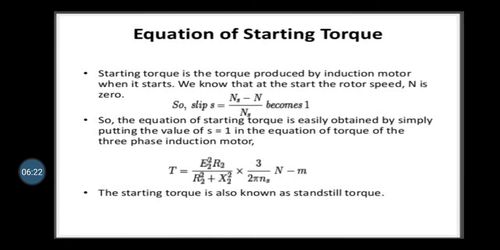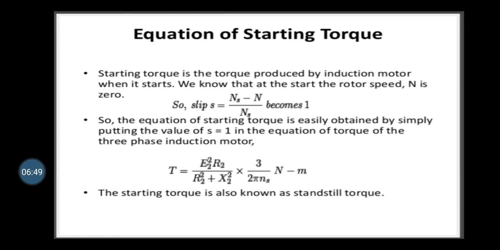Now the equation of starting torque, that is, at the time of starting of the rotor. At the time of starting, the rotor is at standstill, and at that time the slip of the motor is 1. The starting torque is the torque produced by the induction motor when it starts.